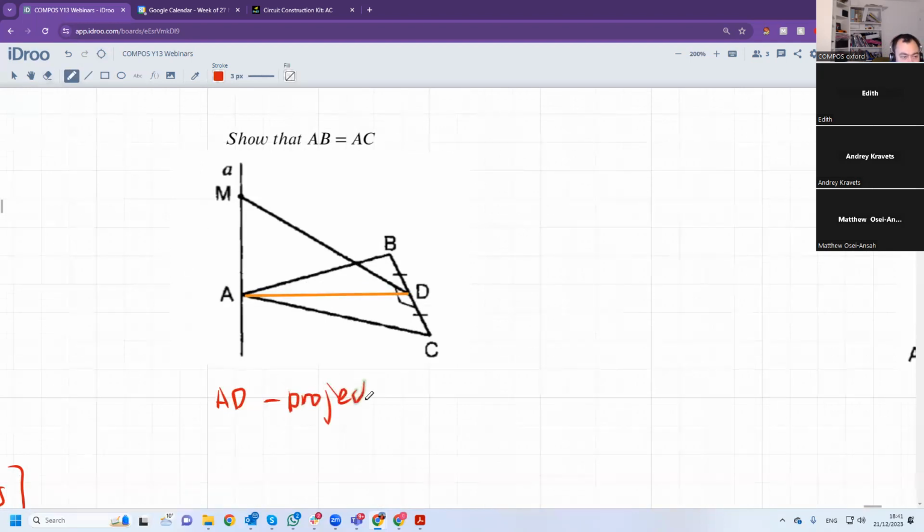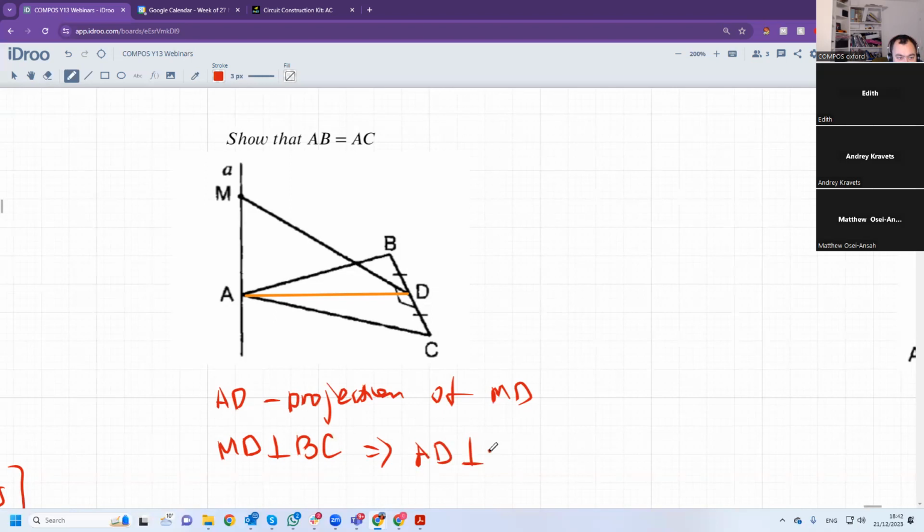And because MD is perpendicular to BC, that means that AD is also perpendicular to BC. This is according to the theorem of three perpendiculars.